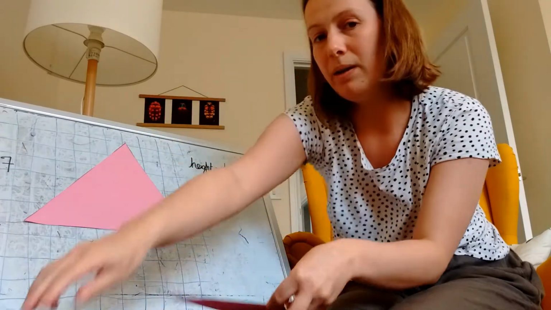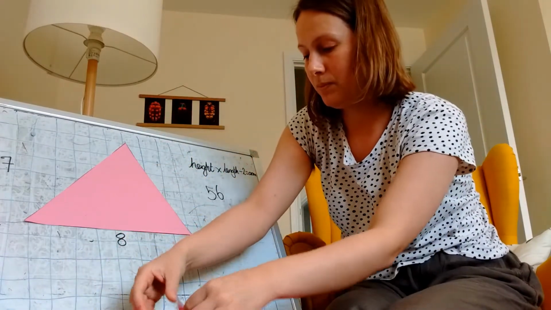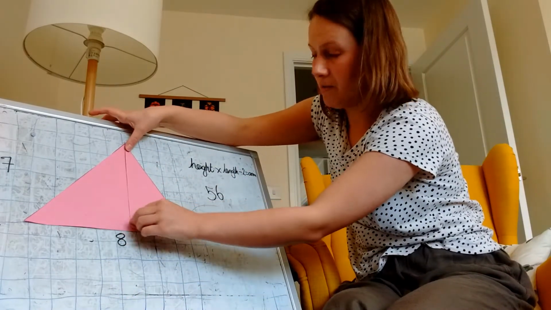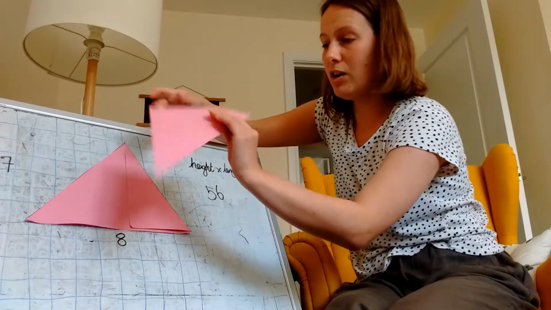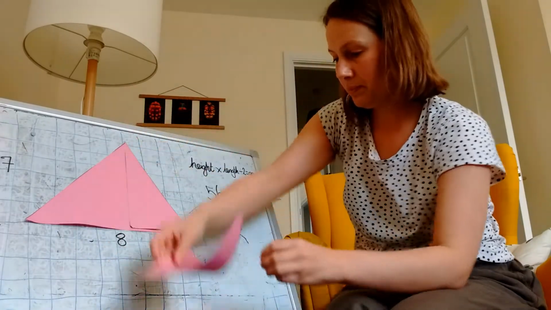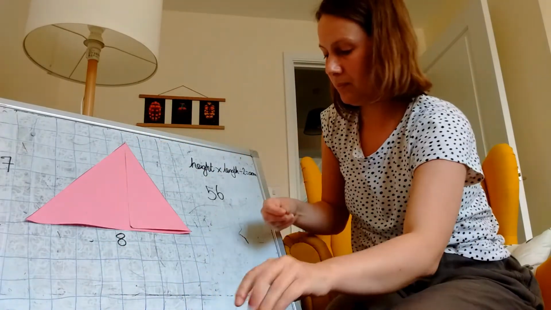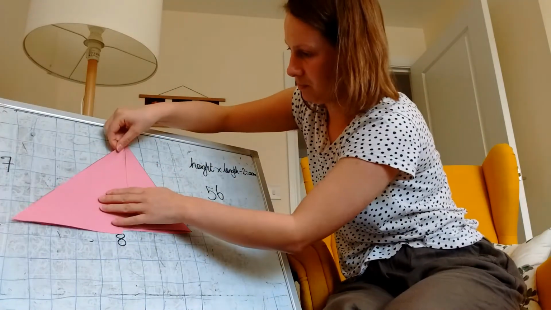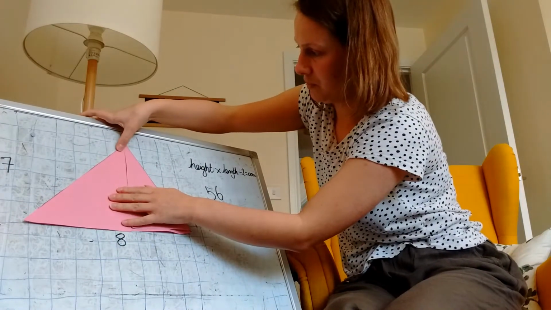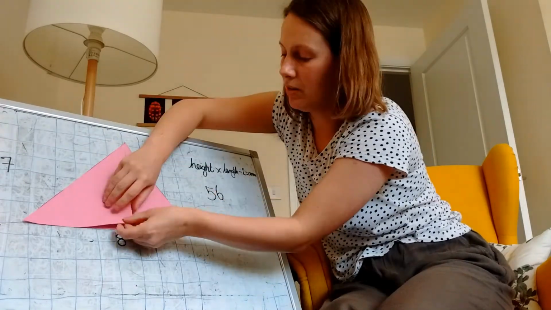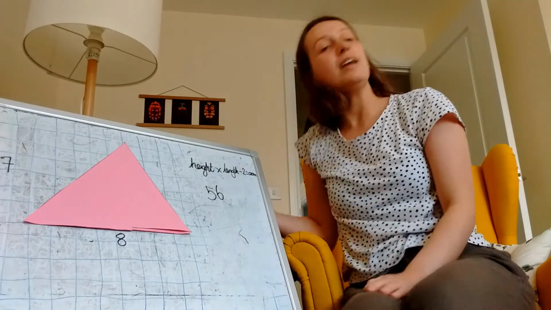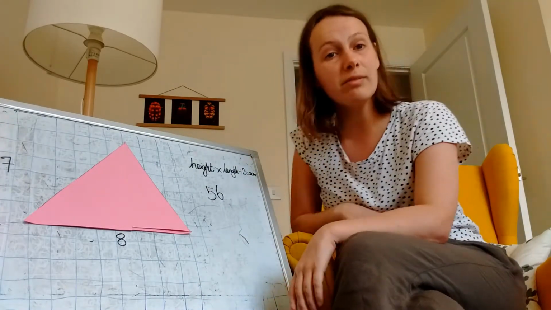So I'm taking this bit there, and the other bit will go in here, and you can see that this triangle is exactly half of that rectangle.